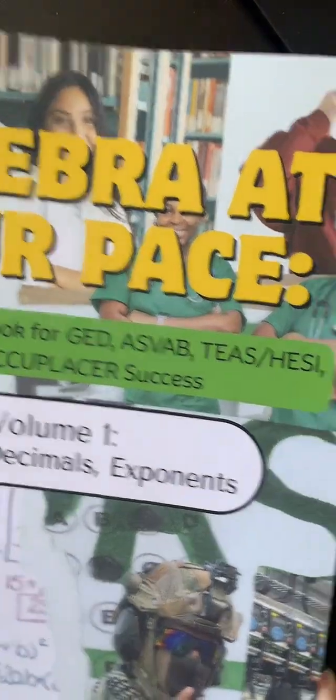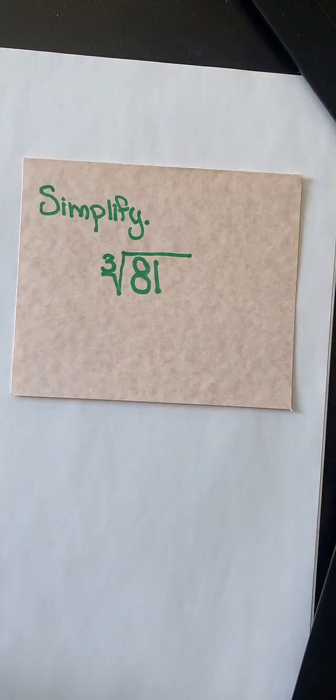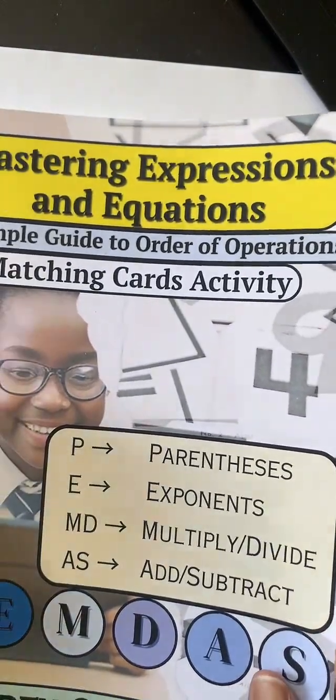So I have my workbooks. But in addition to these workbooks, I have resources. There are some resources that deal with flashcards, like this one I have for order of operations, evaluating, and substituting.